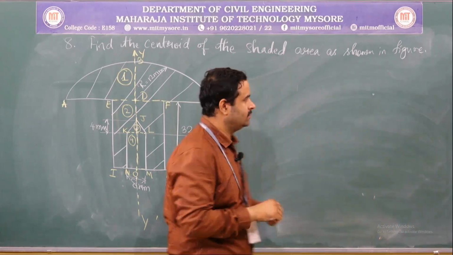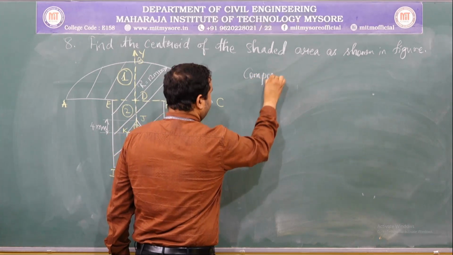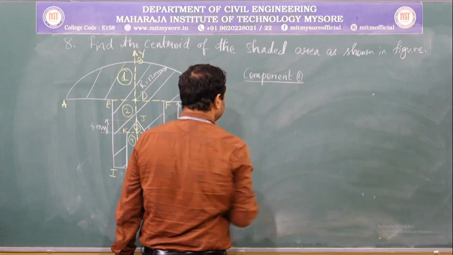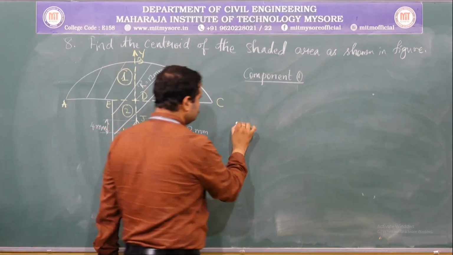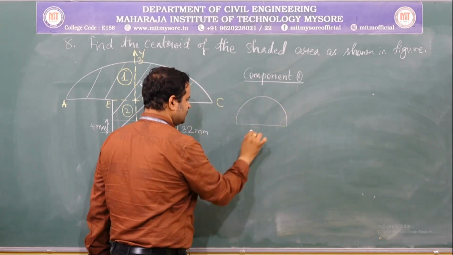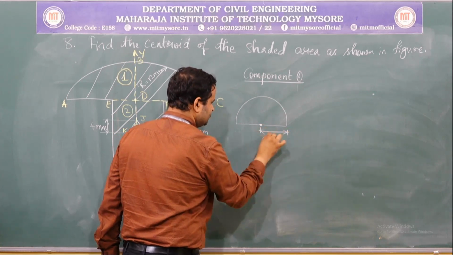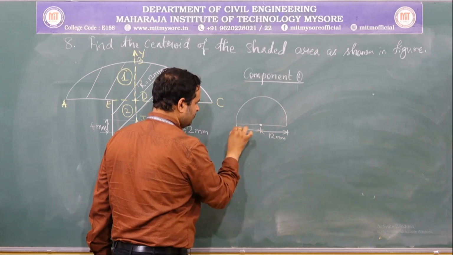So, what is the first step? Component 1. What is component 1? It is a semicircle, and the radius is 12. That means this is 12 mm and this is also 12 mm.